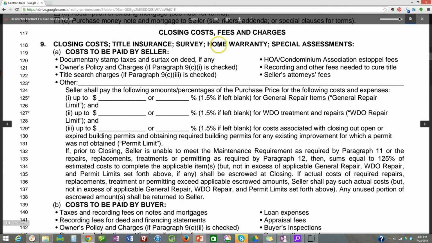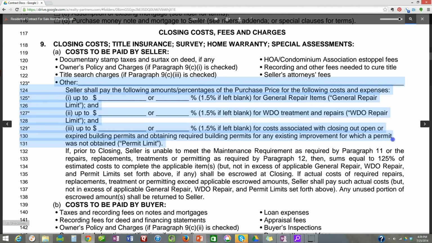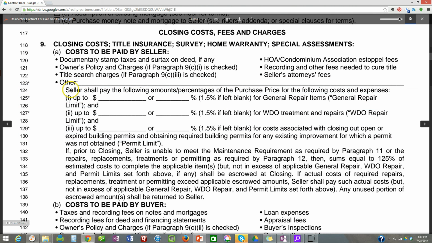Up here under closing cost, title insurance, and so forth, under other, it's kind of snuck in here, so it's not in the same area as the inspection language. It's going to talk about the repair limit, general repair items, wood destroying, and so on.